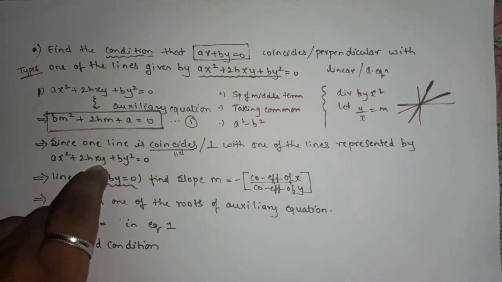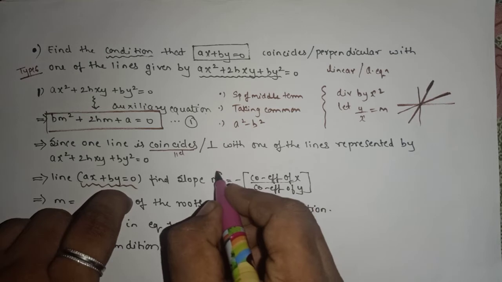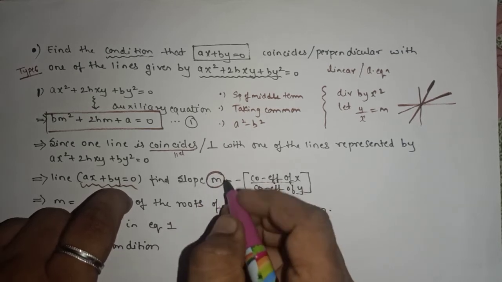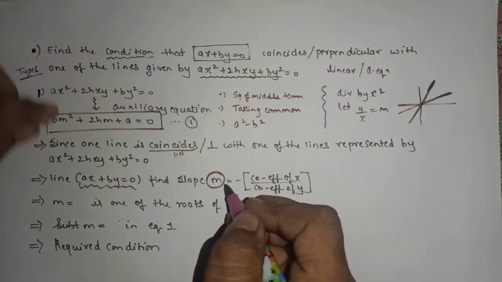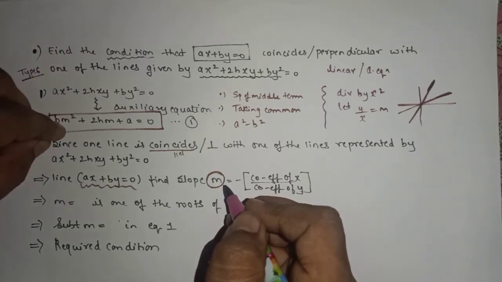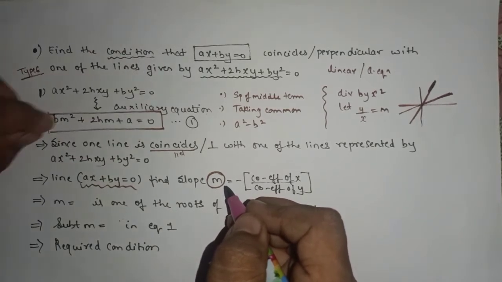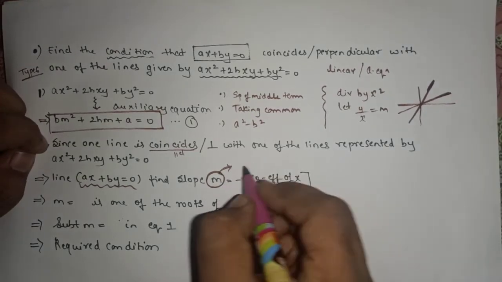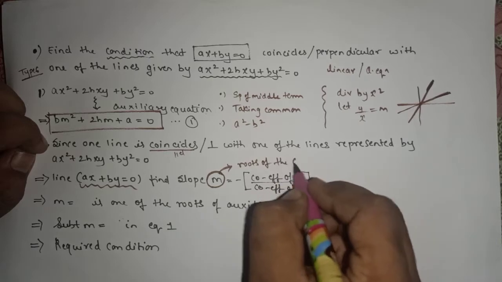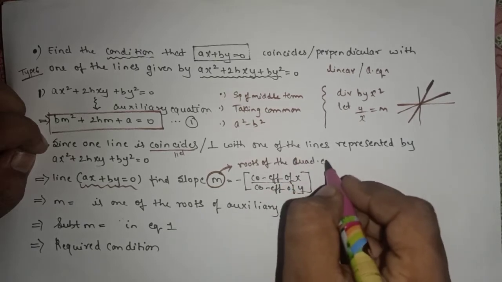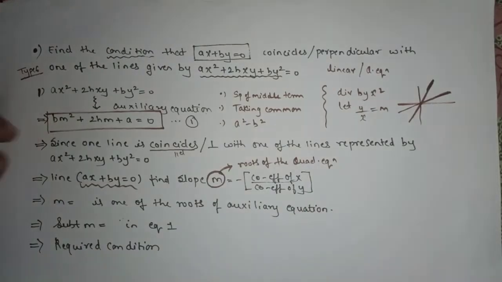And we know that m is known as slope. But when we convert a given quadratic equation into auxiliary form, that m in the auxiliary equation stands for what? It is also known as the root of the quadratic equation. So for this sum, we'll consider this m as a root.